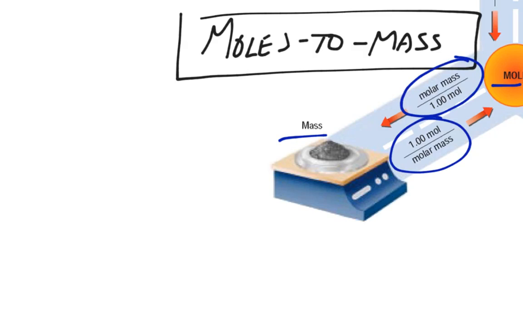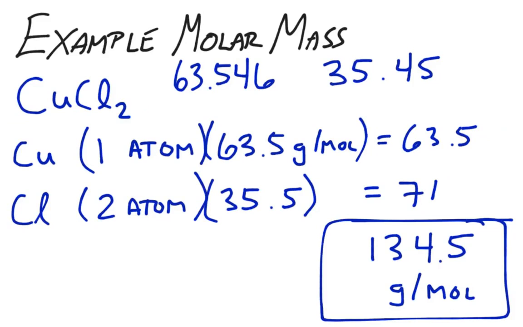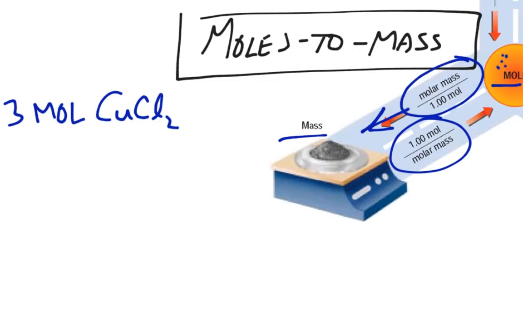So if I were to start with, say, 3 moles of copper 2 chloride, I'm starting with moles, so I'm starting right here in the middle. And I'm going to make my way toward mass. The arrow pointing in that direction is this one right here. In that case, I'm going to have to put molar mass on the top. From the previous slide, the molar mass of copper 2 chloride is 134.5 grams for every 1 mole.